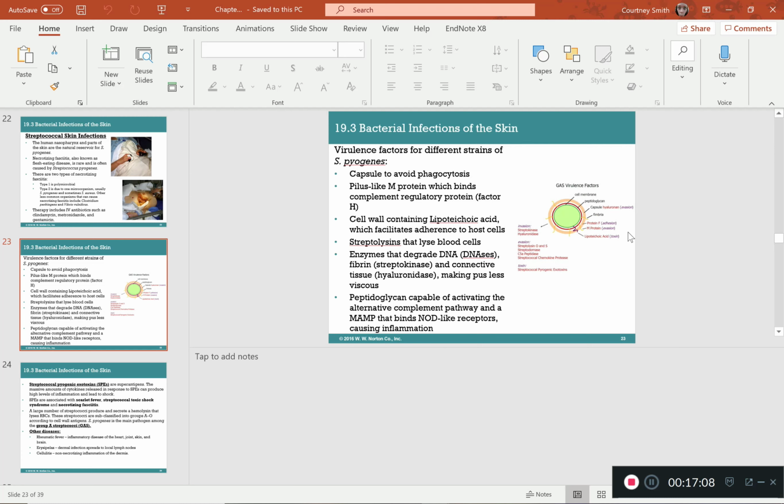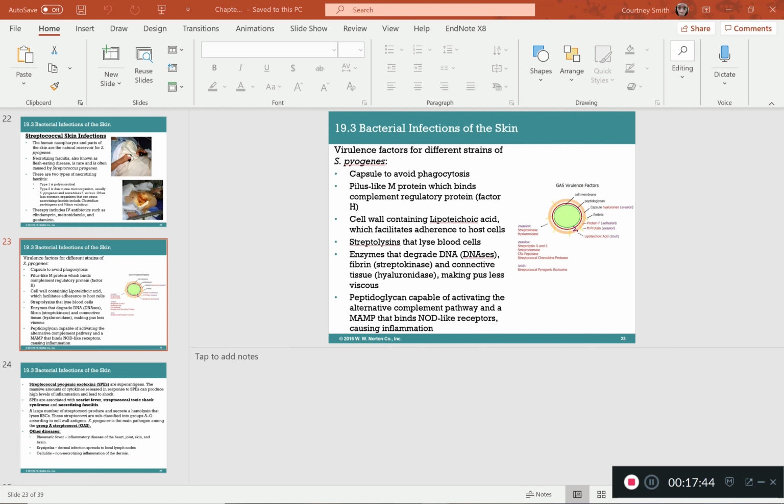I think that's the big picture of strep, at least at this point. Let me just make sure, guys. Yeah, I believe that's the big picture with strep. But also don't forget there are strep infections associated with respiratory infections, but we'll do that when we get to that chapter.